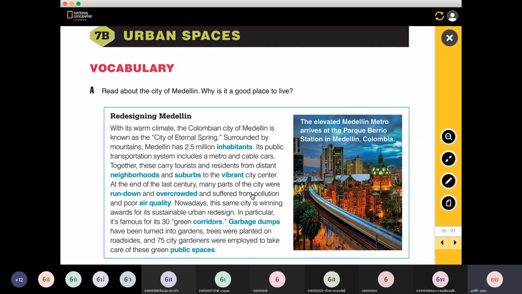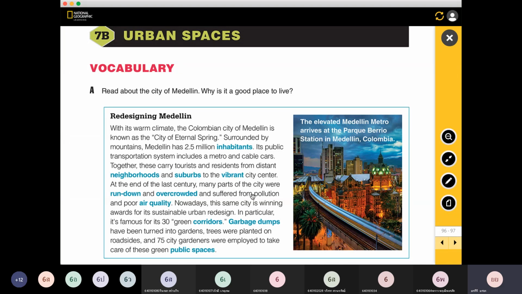And also, that comes to the bad thing: when you come to the city, sometimes it's overcrowded. Obviously, because people want to live more comfortably, lots of people move from the suburbs to the city.